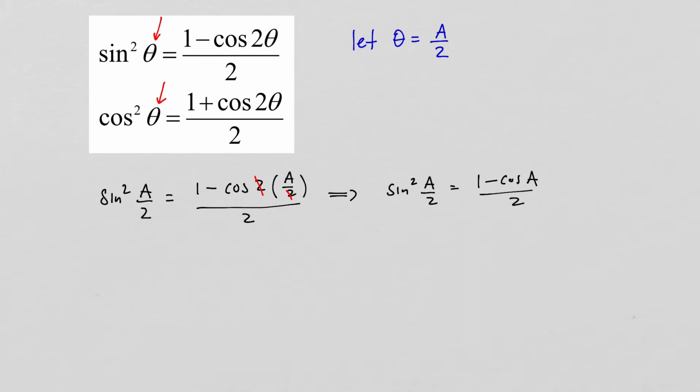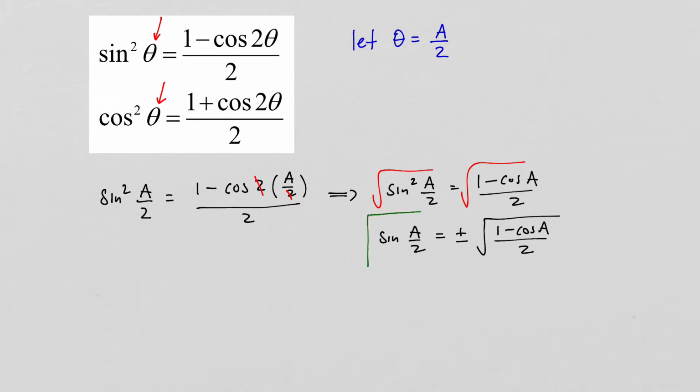And then you can take a square root of both sides, and that gives us sine of a over 2 equals plus or minus the square root of 1 minus cosine of a divided by 2. And this is an alternative way to express the half-angle formula.